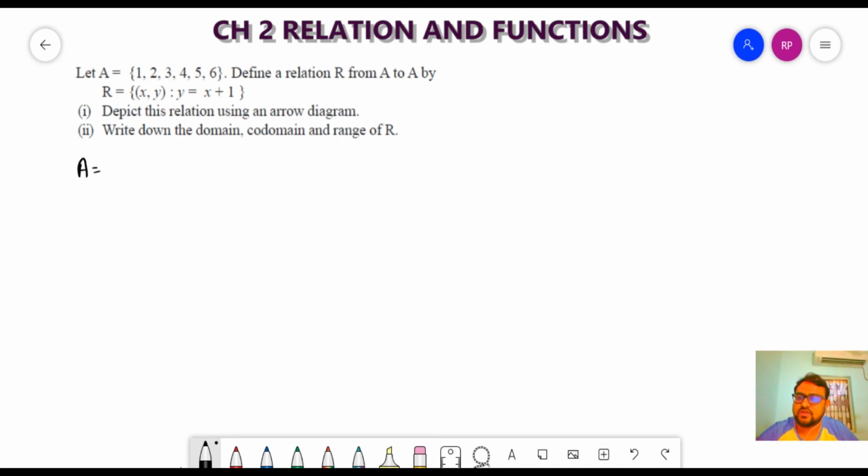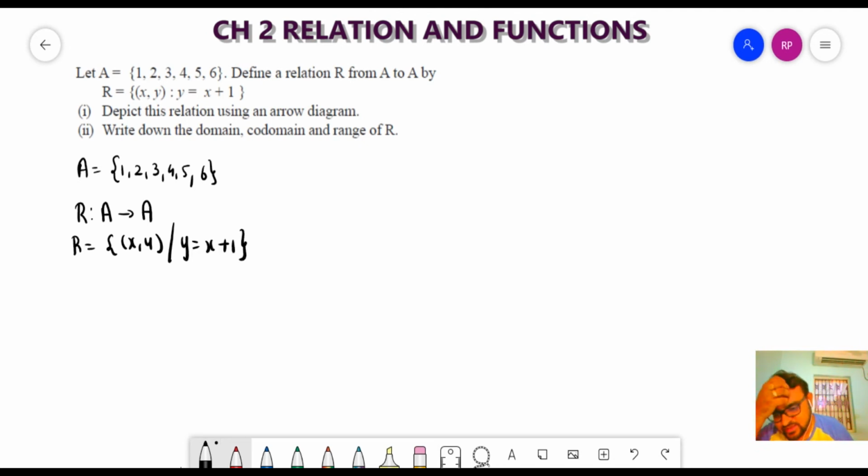Define a relation R from A to A such that R is equal to {(x, y): y equal to x plus 1}. So you have to define such a relation. So see here what I can do, (x, y) with y equal to x plus 1.